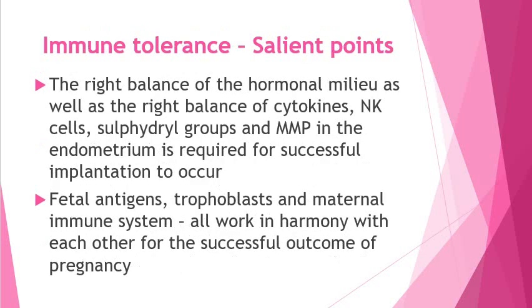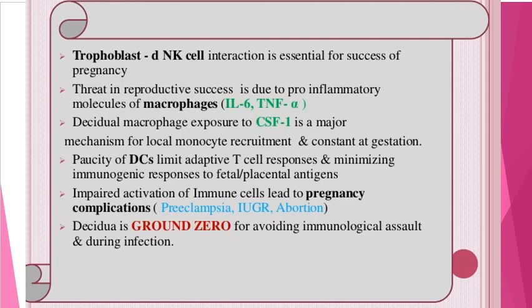The right balance of the hormonal milieu as well as the right balance of cytokines, natural killer cells, sulfhydryl groups and matrix metalloproteases in the endometrium is required for successful implantation. Fetal antigens, trophoblast and the maternal immune system all work in harmony with each other for the successful outcome of pregnancy. So this is somewhat a summary of the immune tolerance.